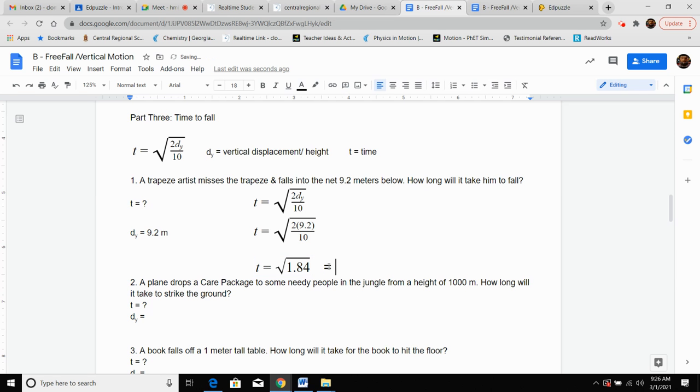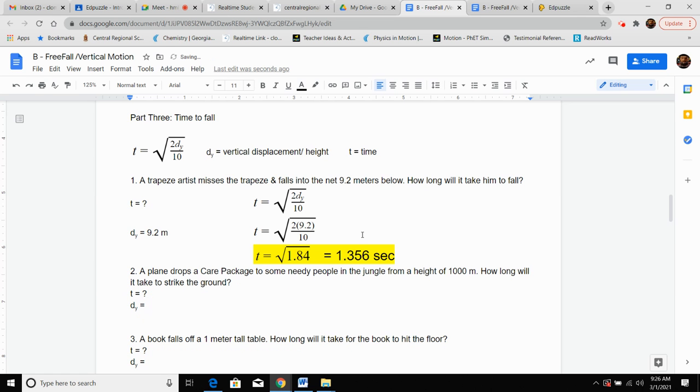That's going to equal the square root of that, 1.356 and change. If you wanted to round it to 2 decimals, you could. If you didn't, that's fine as well. But that would be how you complete that problem. Same thing for 2 and for 3. You're going to do the same thing.